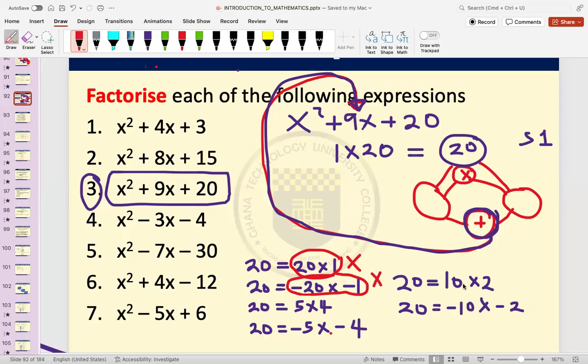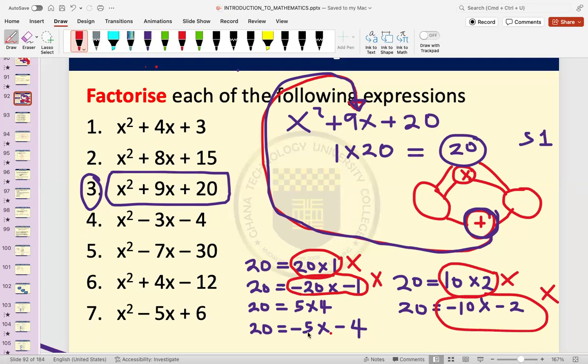If you add 10 to 2, that will give you 12. This option will also not work. If you add negative 10 to negative 2, that will give you negative 12. So this option is also not going to work.